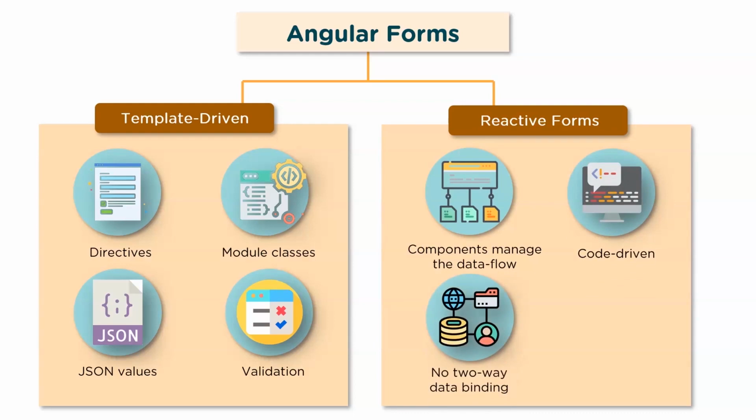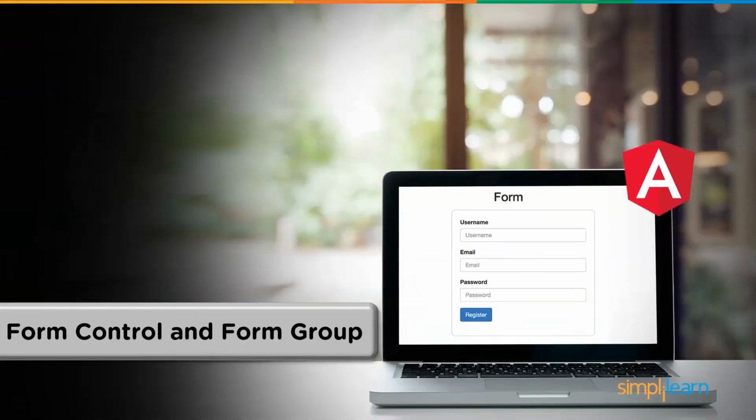Reactive forms eliminate the anti-pattern of updating the data model via two-way data binding. So it does not use two-way data binding. And typically a reactive form control creation is synchronous and can be unit tested with synchronous programming techniques. So now let's go ahead and look at form control and form group.